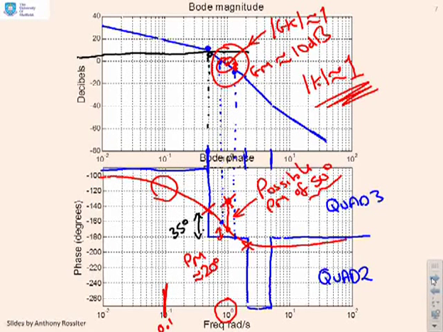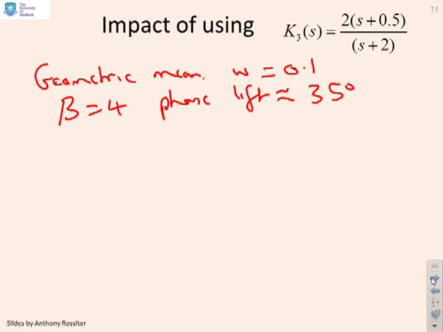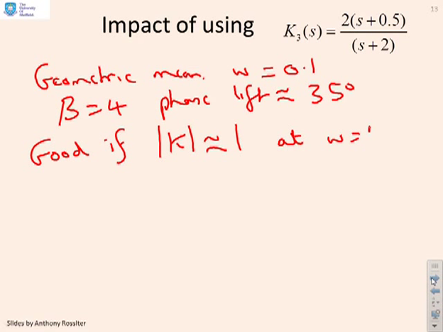Now remember, it's an exam, so you can get away with being approximate. Alright, so what we're saying is this is good if the modulus of K is approximately 1 at omega equals 1. Just notice the typo there, that should say 1.